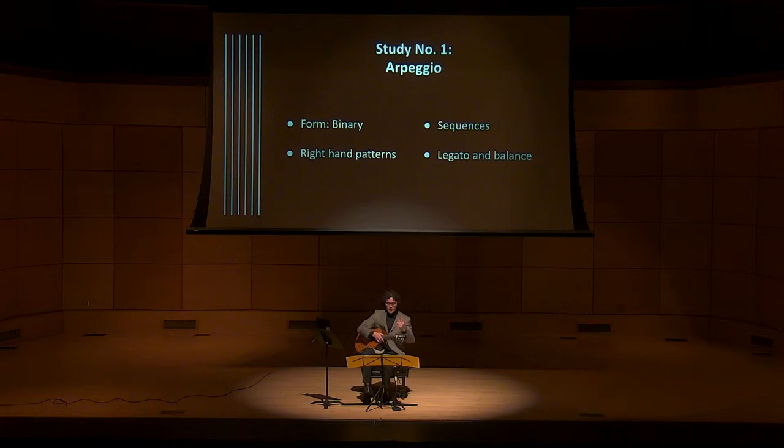Okay, so the first study can be divided into 2 big sections, and I'll also show some examples of what I'm talking about. So, therefore, binary form, and we're going to call them Part A and Part B. The A section of this study will have this pattern for the right hand.